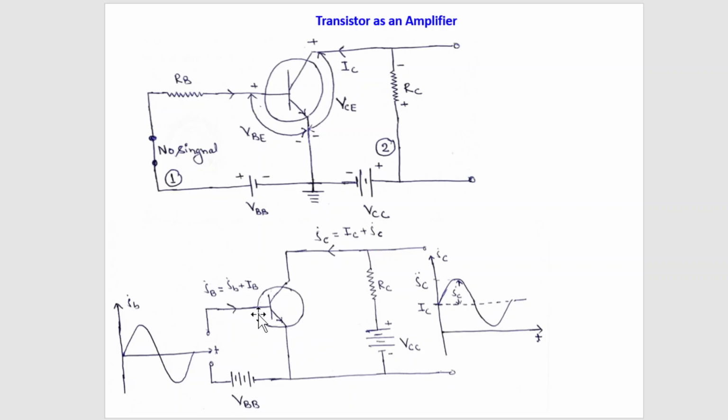In order to ensure that, we do the transistor biasing before applying any input signal, and we determine the Q point, and as I discussed, the Q point should be nearly at the middle of the DC load line. Then you apply the input AC signal and you get an amplified signal.